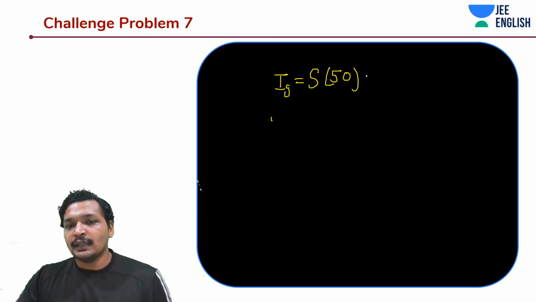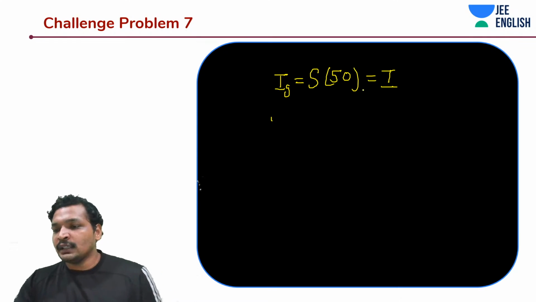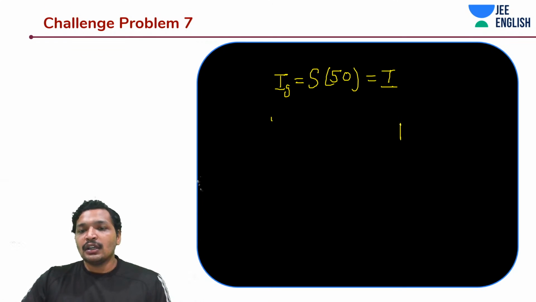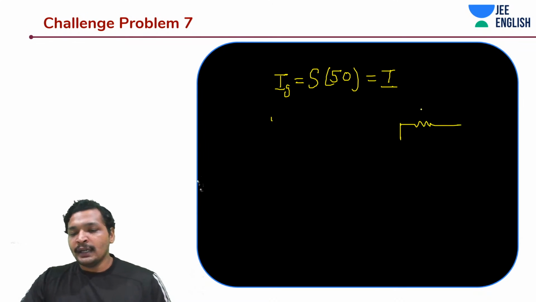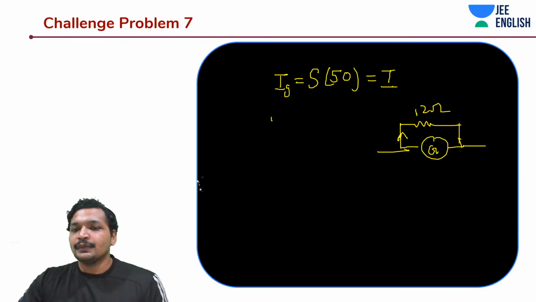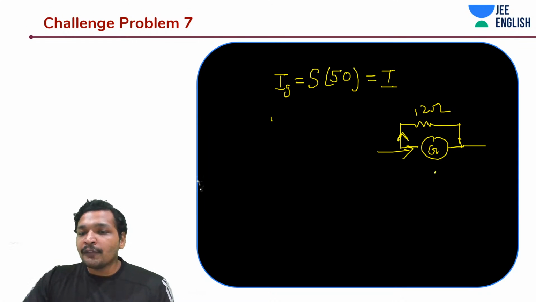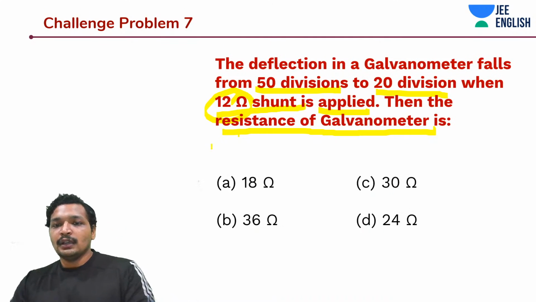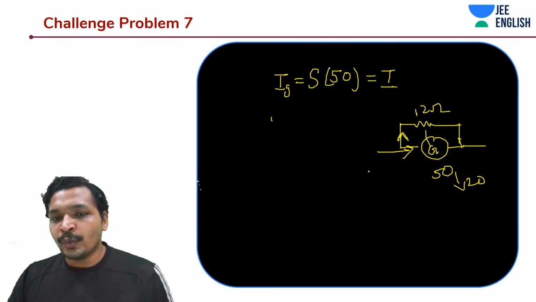This is the total current. Initial current is nothing but the total current that was flowing through it. Now you attached 12 ohm in parallel to this galvanometer. What has happened? Some current will flow through this and some current will flow through here. Now the measurement fell from 50 down to 20.